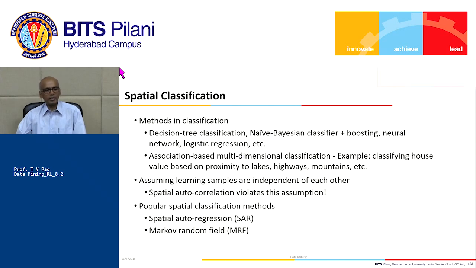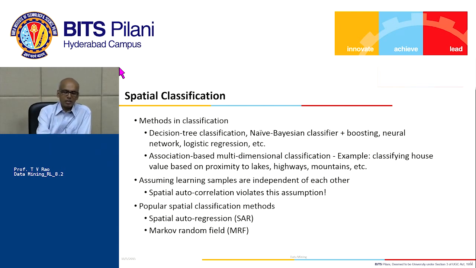So when you're looking at spatial classification, given some spatial objects, when we are trying to classify them, what we need to do is that, as we know, for doing a classification, which is supervised learning, we need to have training data from where the machine is going to learn, and then it is going to apply the learning on the test data or the other data.